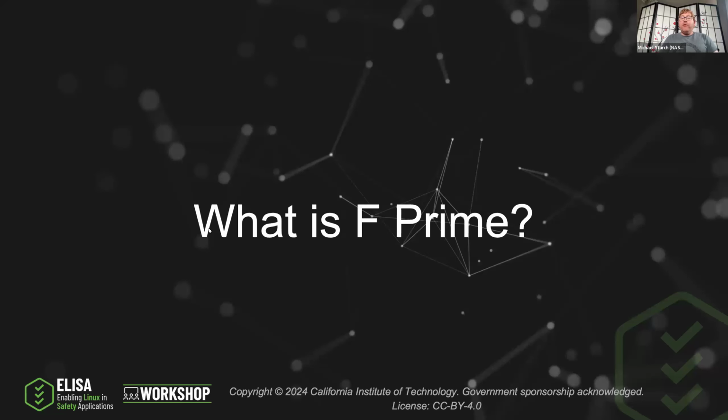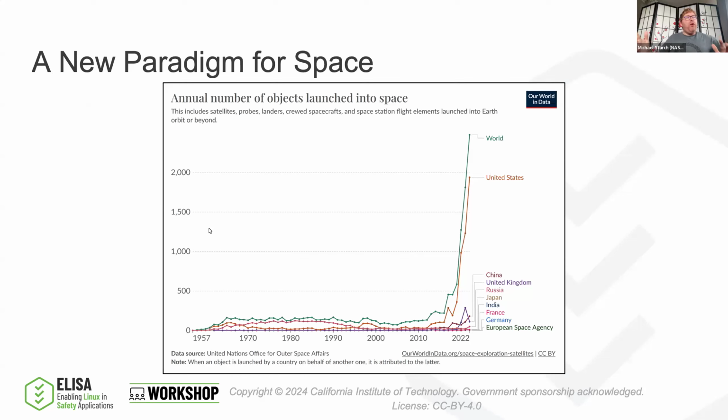All right, so let's just begin with what is F Prime? Well, F Prime comes out of a world where the paradigm for space is shifting. As you can see in this graph, over the last 10 years, the number of things going into space on an annual basis has gone up substantially, both across the entire world and right here in the United States.